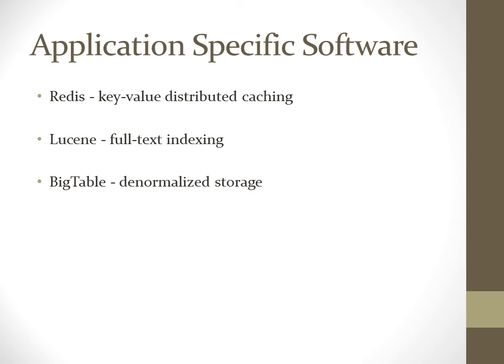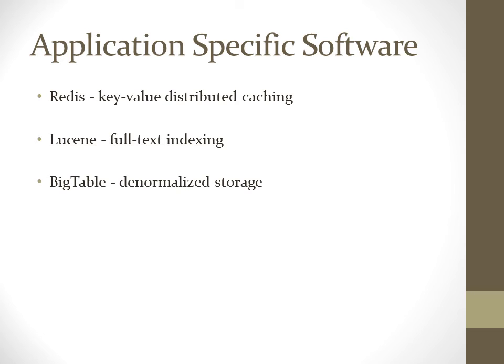The example we have here is Redis, which not only allows us to define a key value cache, but also one that's semi-persistent and also distributed among your application servers. We also have Lucene here, which is full text indexing software. You'll see this used in search engines, also web crawlers.